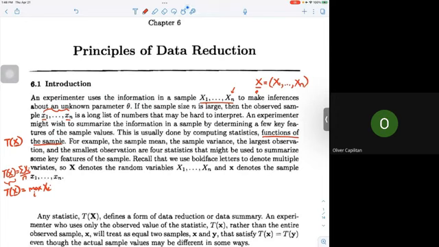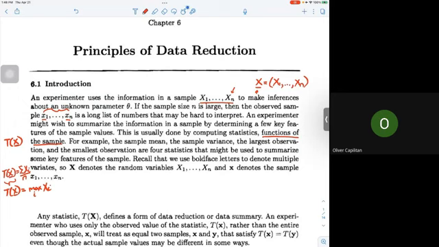So having a large sample size, we can summarize our sample, and then we're going to use this to make inference for our unknown population parameter, using a function of our sample. We denote bold-faced letters to denote multiple variates.